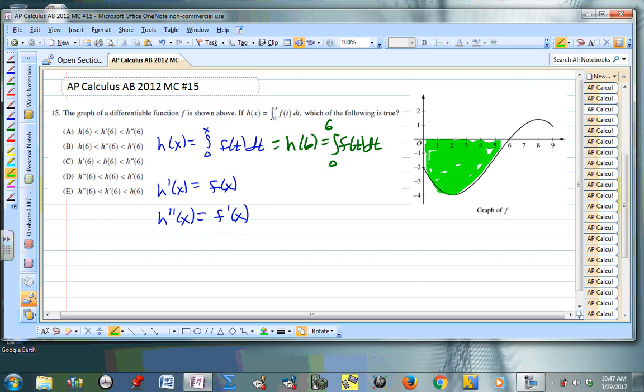You see here that to find this area, we're really finding the sum of a bunch of values, but the integral is going to be negative because we're finding the sum of a bunch of negative values. Now, we can't find the exact answer, but we can tell that h of 6 is going to be a negative number.